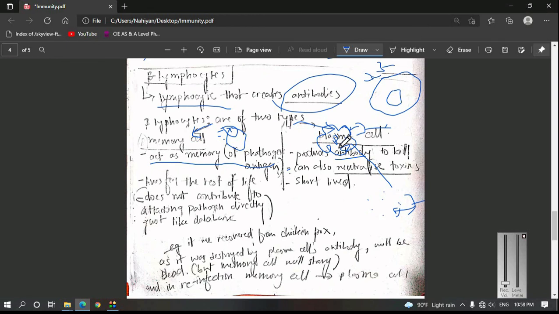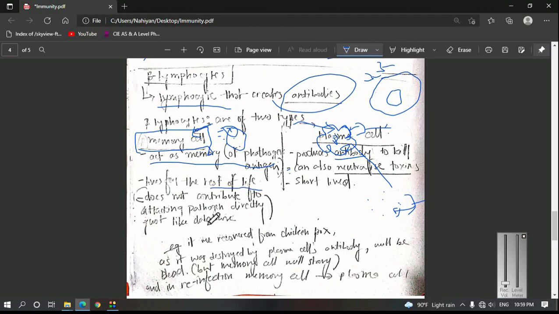After you have overcome the disease, you are okay, and they eventually die. But what remains is the evidence, the memory cells. They are the ones who live forever. I mean, usually they are long lived, and they live for the rest of the life.